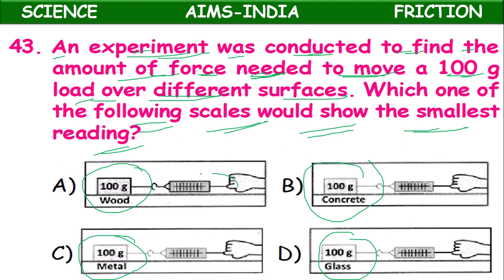We are pulling them with the help of a spring balance. In which case can we observe the smallest reading? The applied force to drag it depends on the friction between the surface and the bottom surface. Friction will be less in the case of D option, so we can observe less reading in the spring balance, because with less friction, less force we have to apply. So option D is correct.